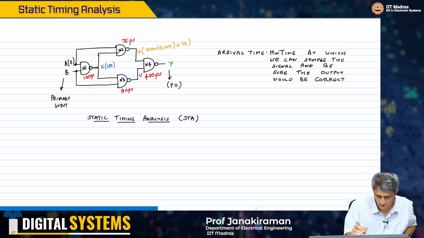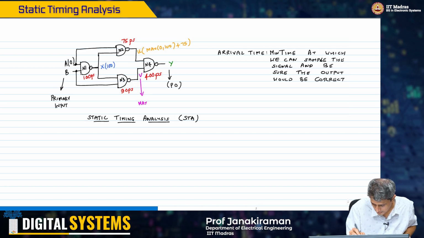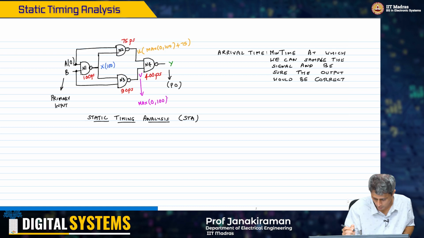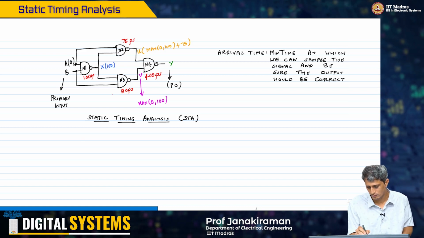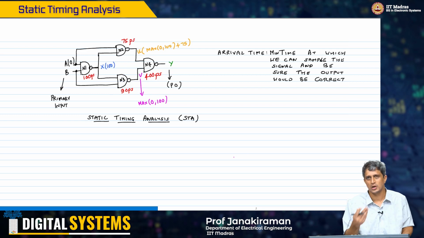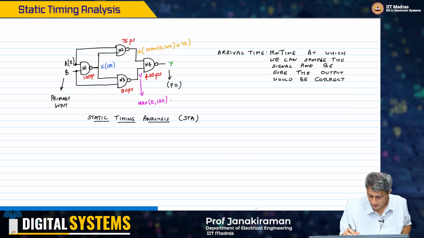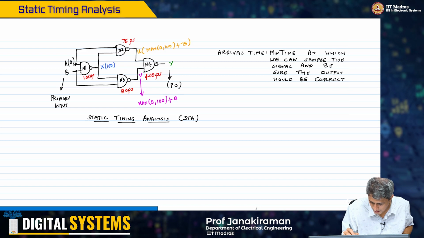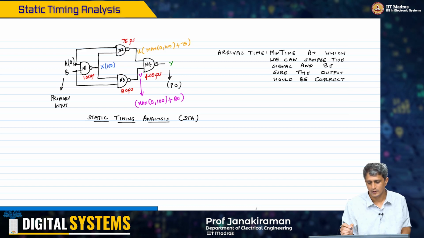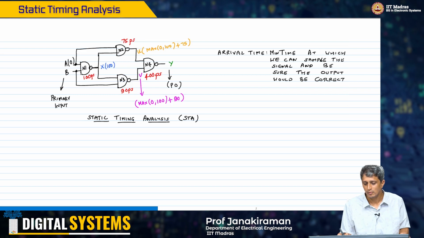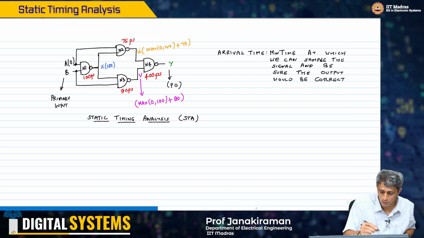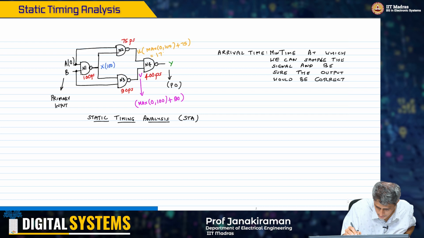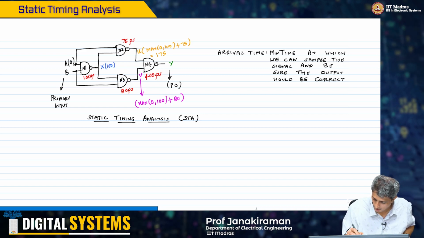Likewise for V, it is max of again 0, 100, because B also is ready at t equal to 0, plus its delay 90 picoseconds, and therefore the arrival time for U is equal to 175, for V equal to 190.